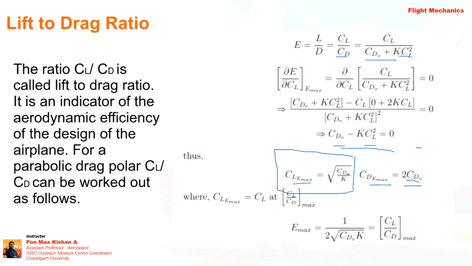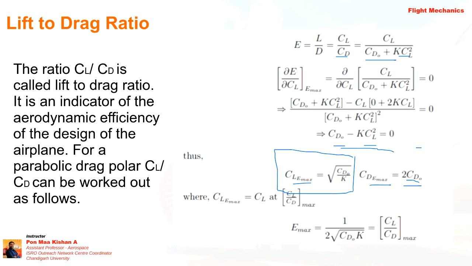So if our aircraft is flying with the CL which is equal to the square root of CD naught by K, then we have better aerodynamic efficiency. If our aircraft is flying with a drag of 2 CD naught, we can say that the aircraft has better aerodynamic efficiency, okay?